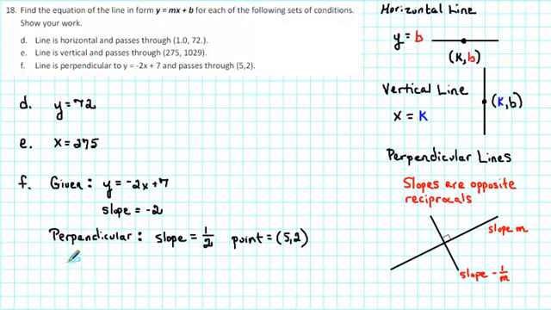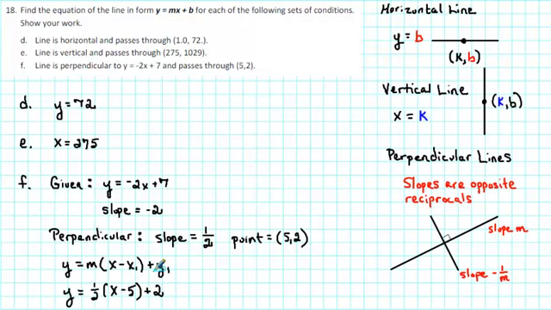It's y is equal to m, the slope, times x minus the x-coordinate of the given point, plus the y-coordinate of the given point. So here we have y is equal to our slope 1/2 times x minus the x-coordinate of our point, which is 5, plus the y-coordinate of the point, which is 2.